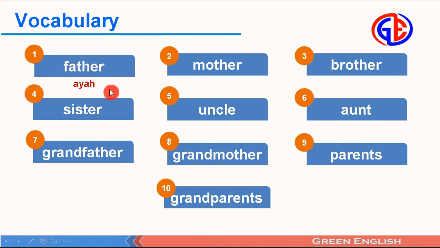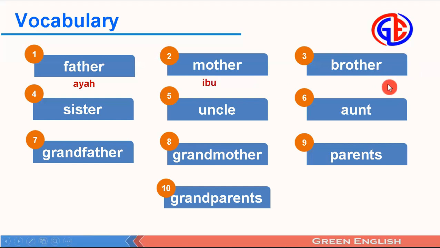Okay, so that's a father, and next is mother. Mother, you may say ada yang bilang ibu, ada yang bilang bunda, okay? Ada yang bilang mama. So each of these, ya, ibu, mama, ataupun bunda, that's mother in English. Okay.